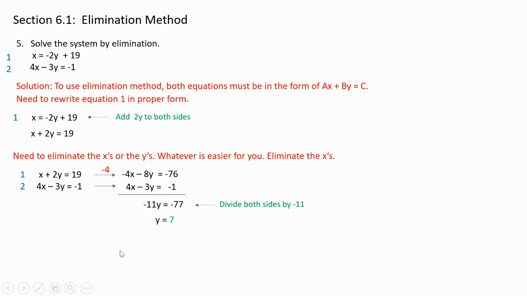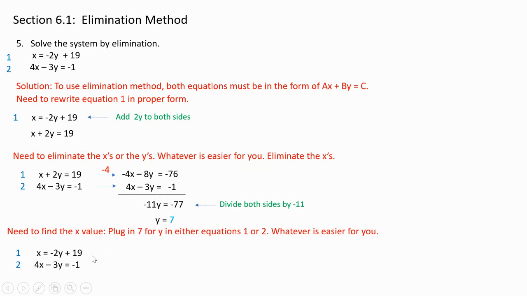Okay, again, like the previous slide where we did it by substitution, now it's going to be the same thing. We have the value for y. Now I need to find x. So I'm going to plug in 7 for y in either equation 1 or 2. And again, whatever is easier for you. In my opinion, it'll be easier to plug it into equation number 1 because the x is already isolated.